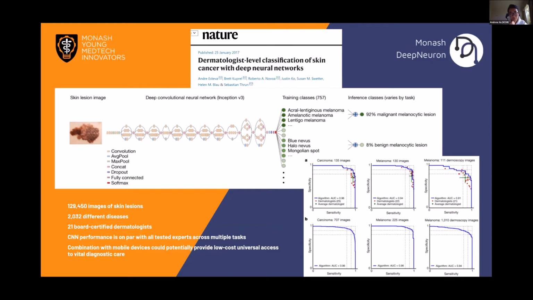In medicine this is really important, because if a lesion is malignant you want to get rid of it. But if it's benign, you don't want to remove it, because the procedure could potentially be really dangerous. So the classification of malignant or benign is really important here.